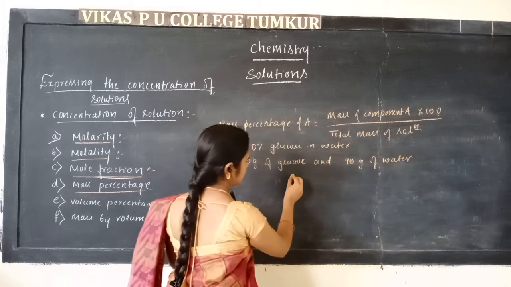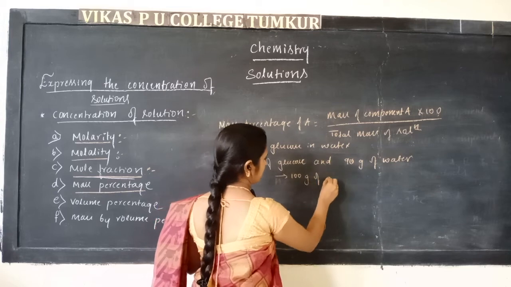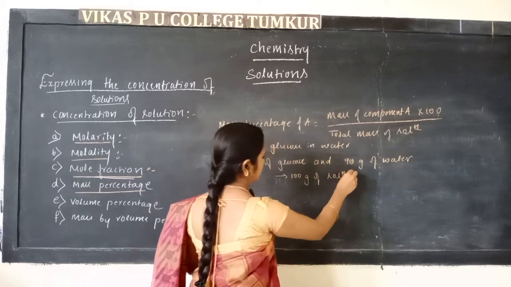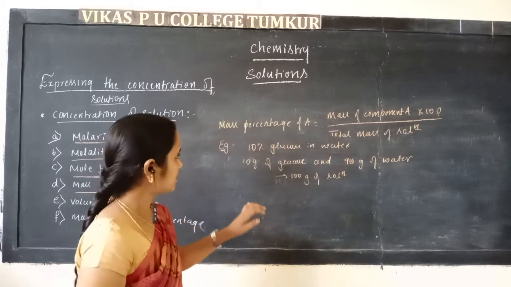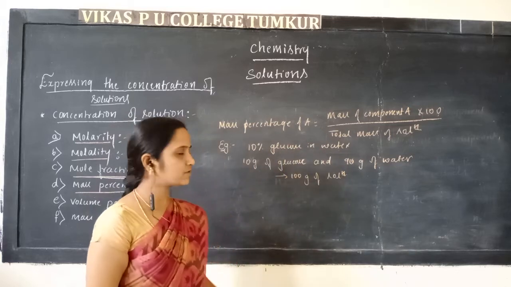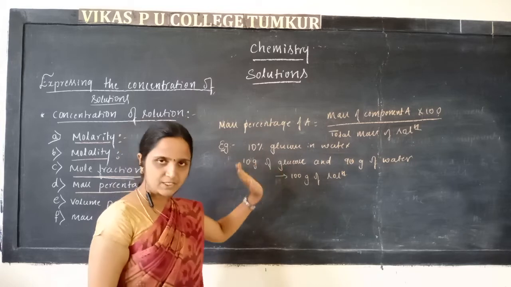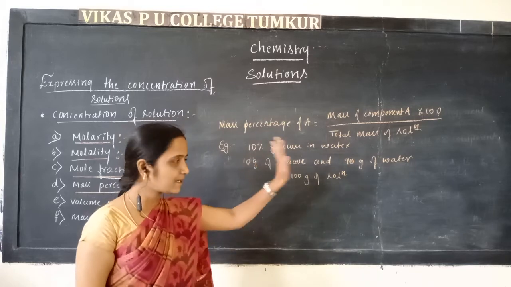It results in 100 gram of solution. 100 gram of solution means this is 10% of glucose in water. That is, 10 gram of glucose is present in the 90 gram of water.